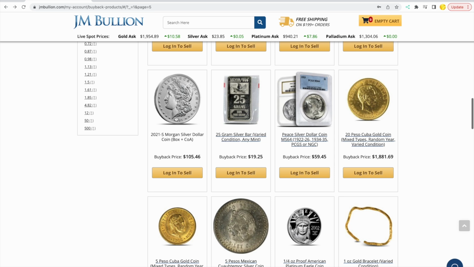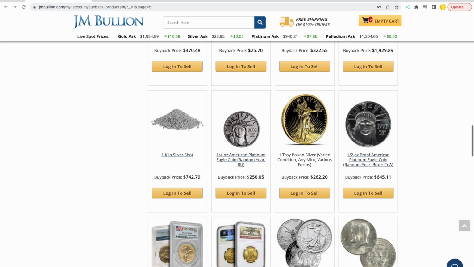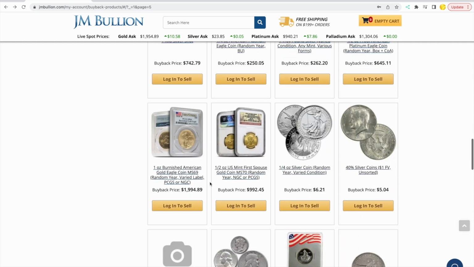Well, graded coins. Generally, if they're popular graded coins, they're probably going to pay you more on JM Bullion than your local dealer will. He'll be buying at wholesale because he'll be reselling it to someone like a JM Bullion or one of their other prime customers.